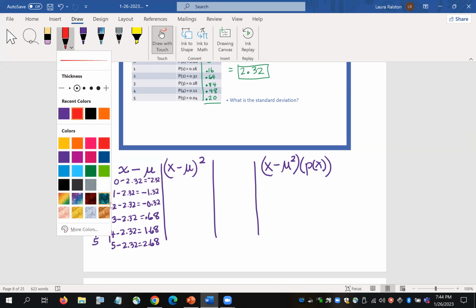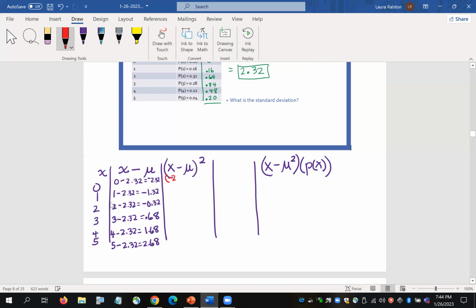So I would have negative 2.32 squared. That's 5.3824. Negative 1.32 squared is 1.7424.